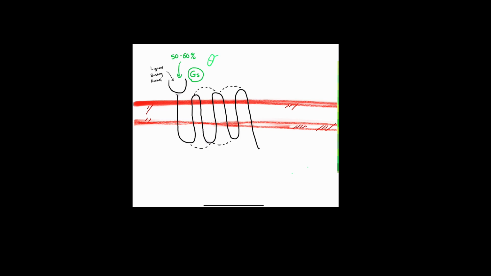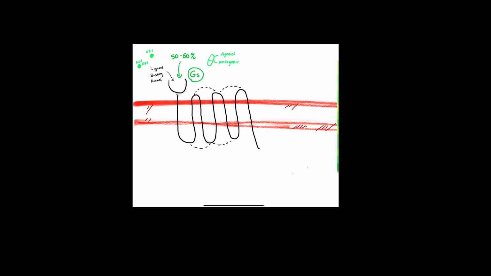We know this drug can be an agonist, or it can be an antagonist, right? We know that it can bind epinephrine. We know that it can bind norepinephrine as well, right?